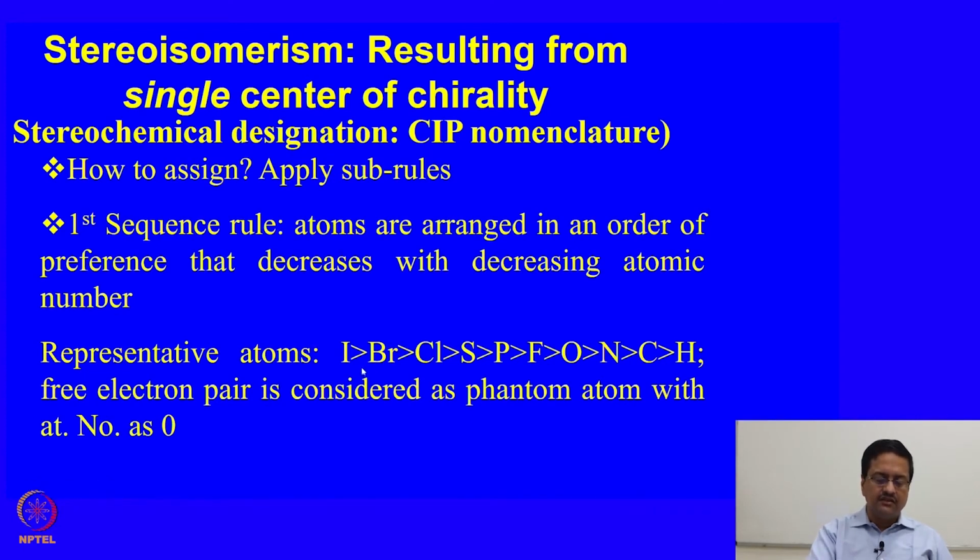So in this, the order is iodine, bromine, chlorine, sulfur, phosphorus, fluorine, oxygen, nitrogen, carbon, hydrogen, like that, which are in general present in various organic molecules. A free electron pair is considered a phantom atom with atomic number 0 and is given the lowest priority.